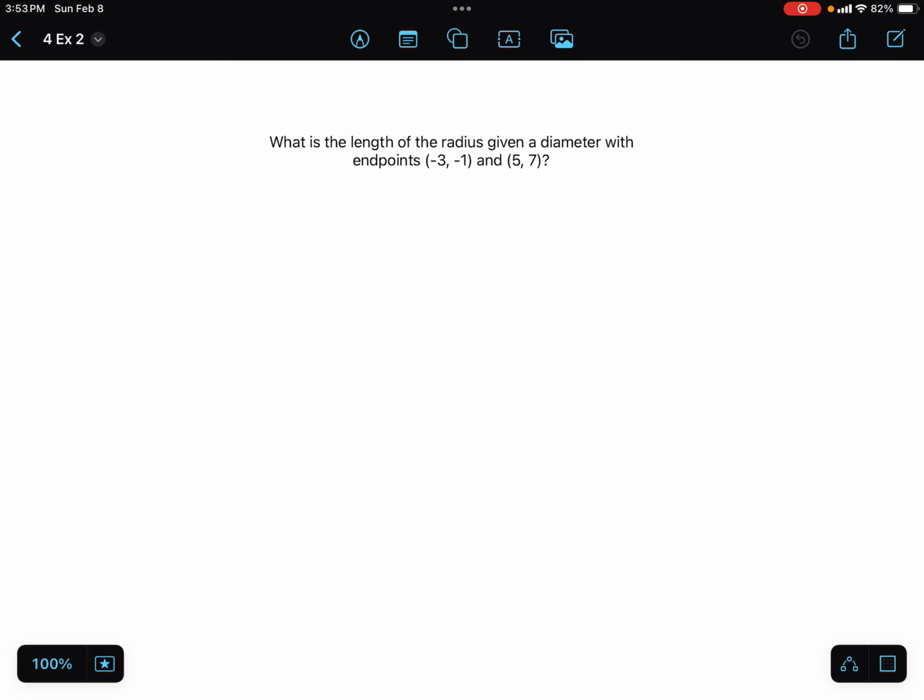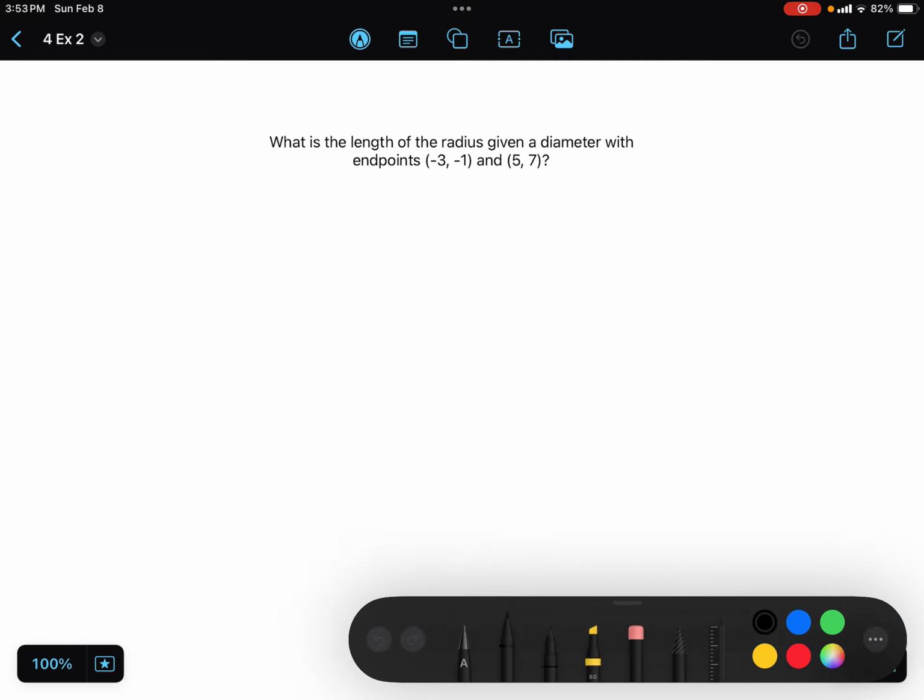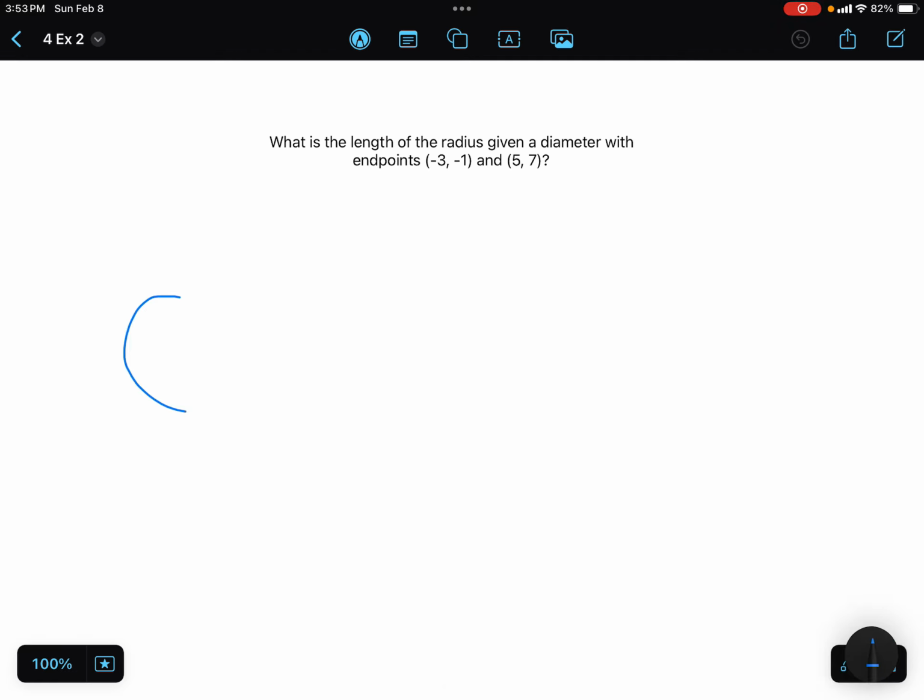Second example, the length of the radius given a diameter with endpoints -3, -1, and 5, 7. Well, let's draw this out because I want to make a point about this. So here is a diameter, and we have 2 endpoints, and we want to know the length of the radius.